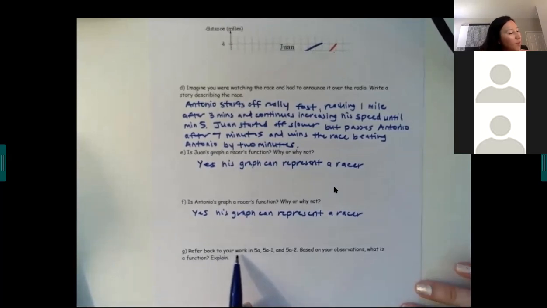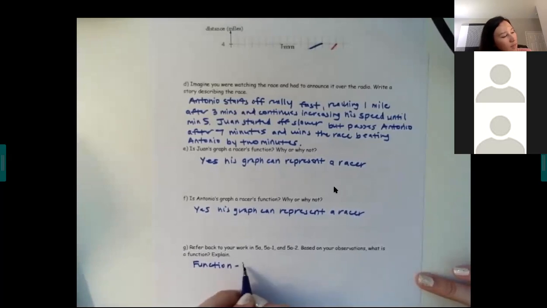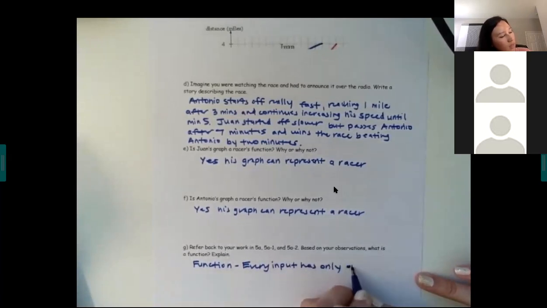And then refer back to your work. We don't have to do that, but based on your observations, what is a function? So we already went over this. So a function means every input has only one output.